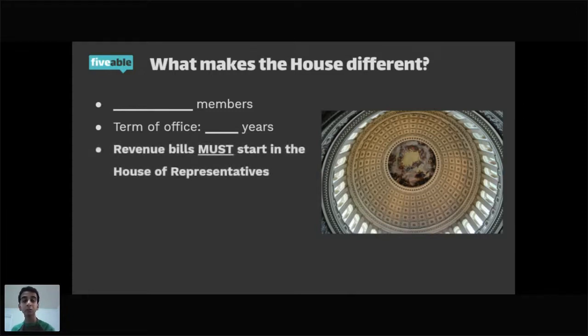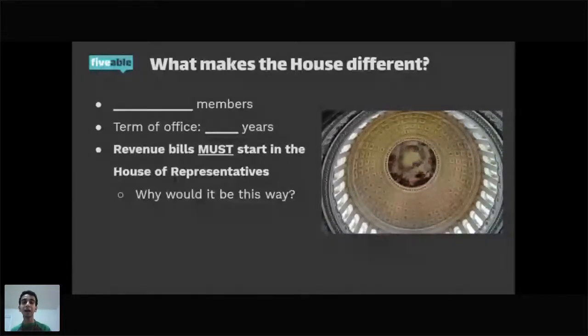The revenue bill, this is a really important fact, and I'd say 90% this will be on your AP exam somehow, some way. Revenue bills must start in the House of Representatives. So anything that has to do with money or taxation has to start in the House of Representatives. The reason for this is because the House is closer to the people. The people that you're electing to the House probably live in your district, very close to you.